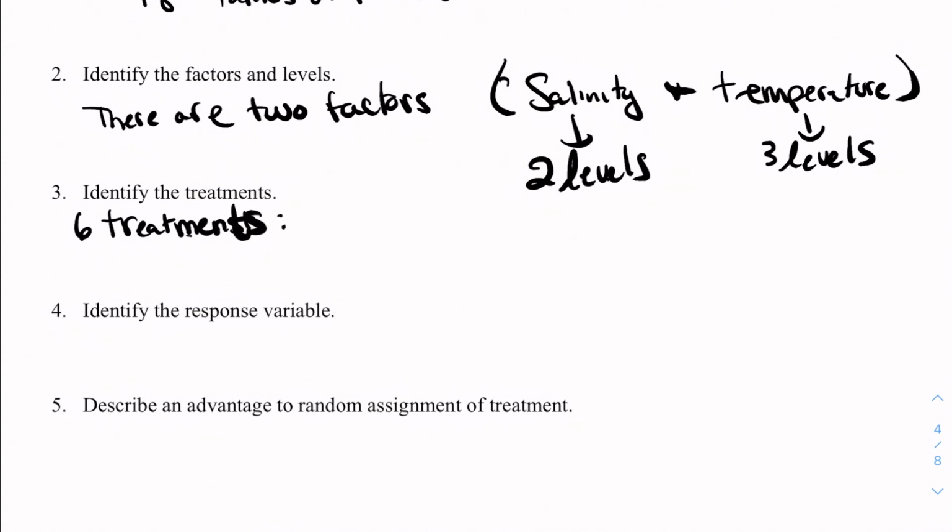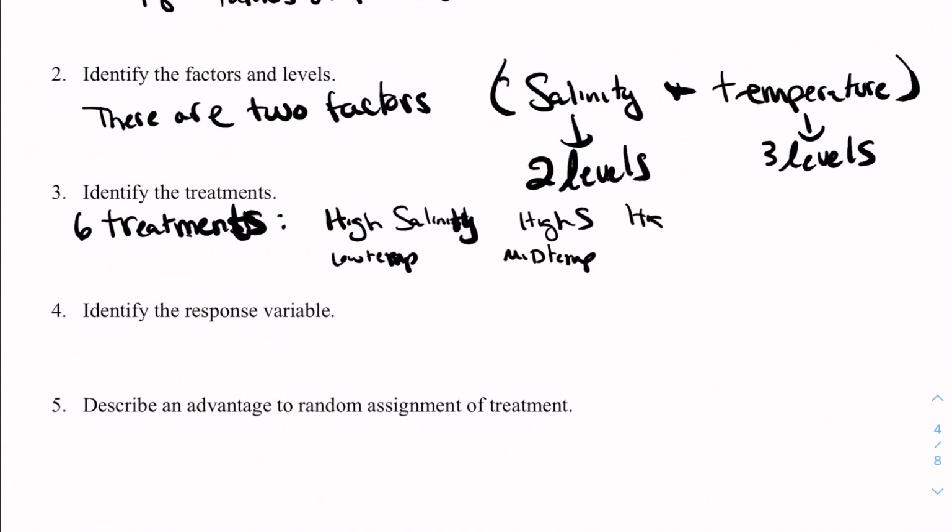Let's spell correctly. So we either have high salinity or low salinity, and then we have our 3 temperatures. So let's say cold, medium, and hot. So we would have high salinity and low temp, high salinity, mid temp, and high salinity, high temp.